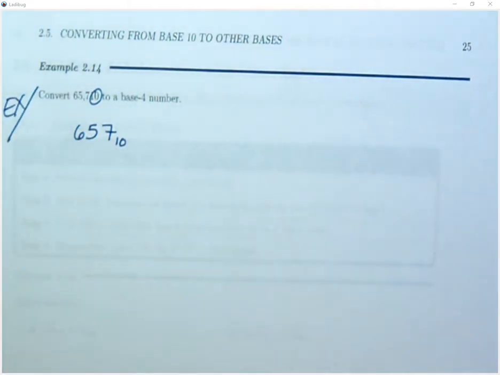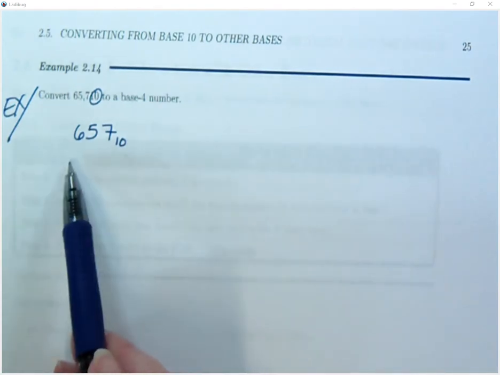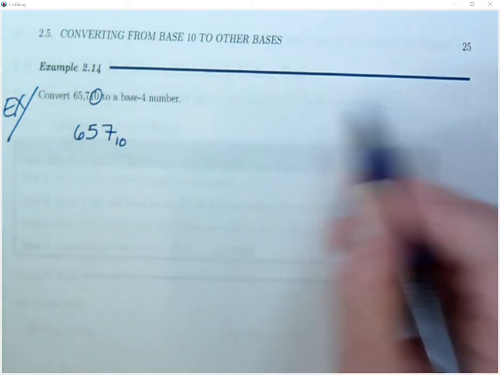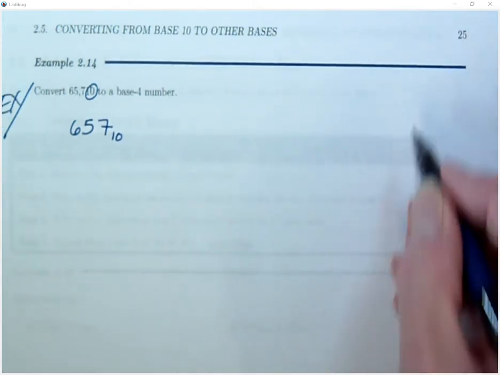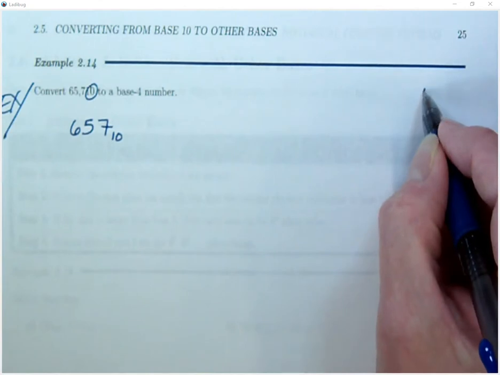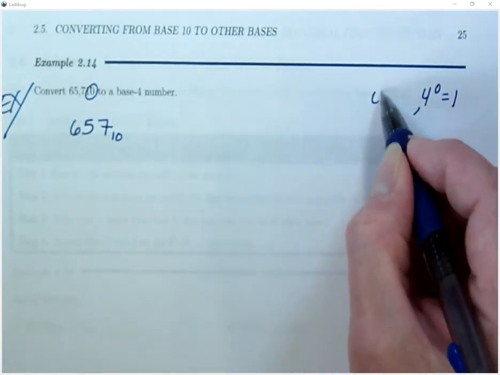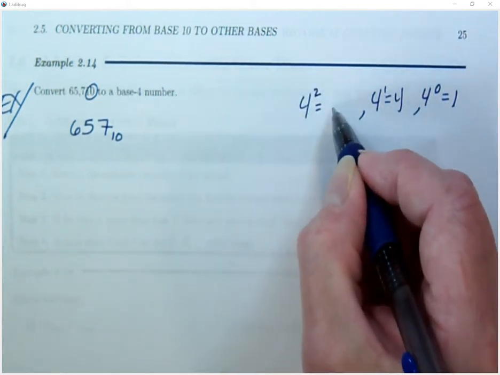And then again, we have to think about what our powers are for base 4. So I'm going to jot that down over here. And I work kind of right to left for these, just because that's the way I want to line it up. You could use a chart. Your book kind of just makes a chart that goes down. But I have 4 to the 0, of course, is 1. Then I have 4 to the 1 equals 4. 4 squared equals 16.